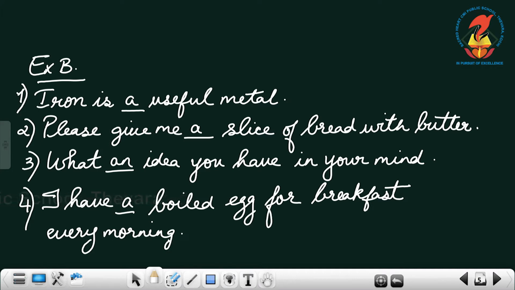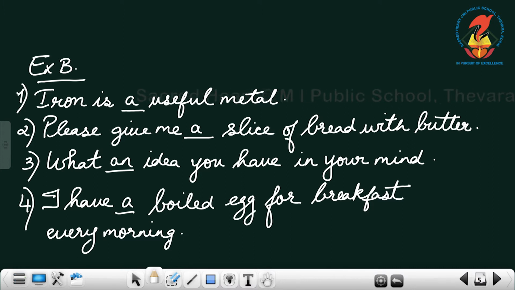Similarly, the second one, please give me a slice of bread with butter. Okay, then look at the third one. What an idea you have in your mind. So here the article an is being taken because I has a vowel sound.